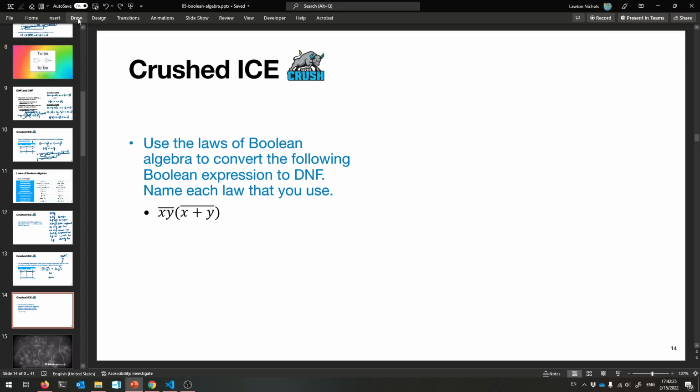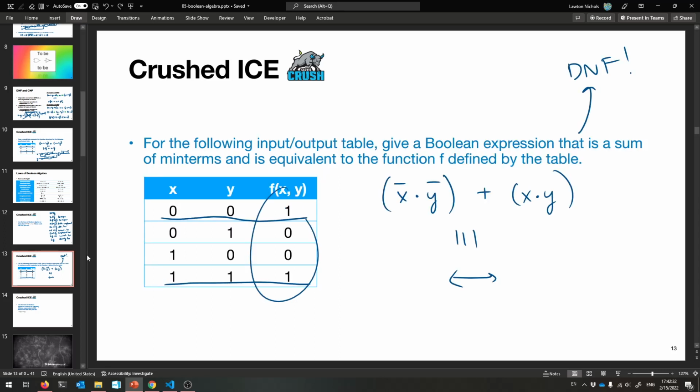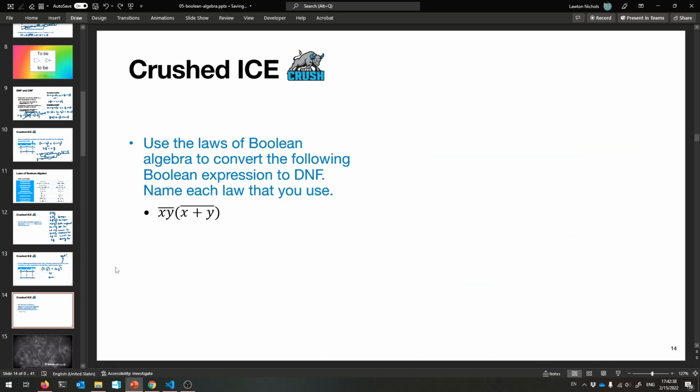One good reason to get it into DNF is to be able to write a truth table, to be able to read off, okay, it's true here, in this case, and in this case. That is exactly what DNF gives you. It lets you read off immediately under which conditions on those variables the formula is going to give back true.